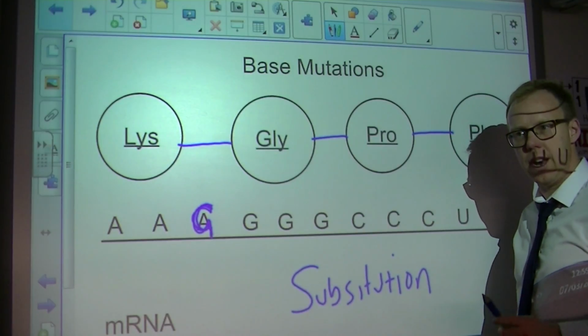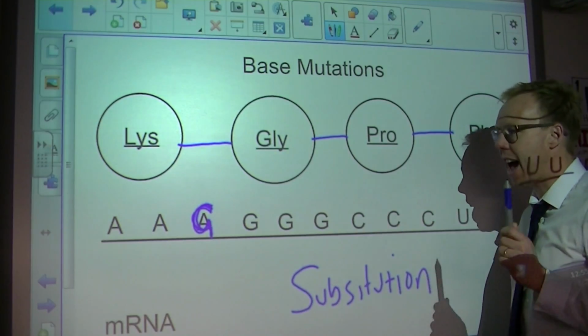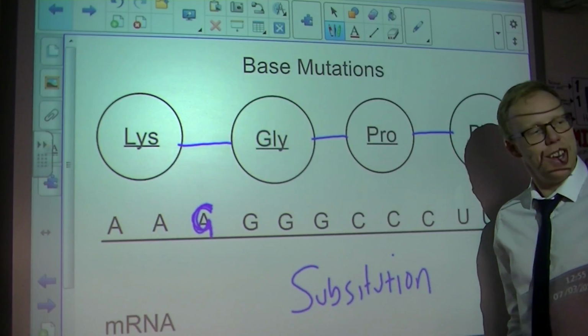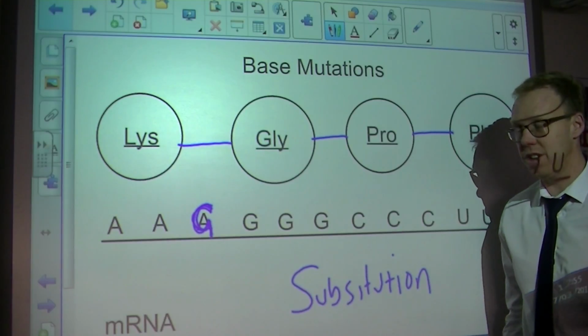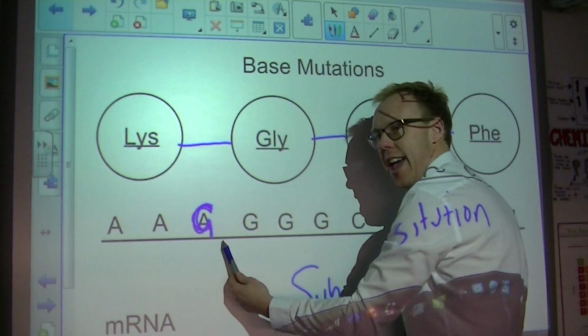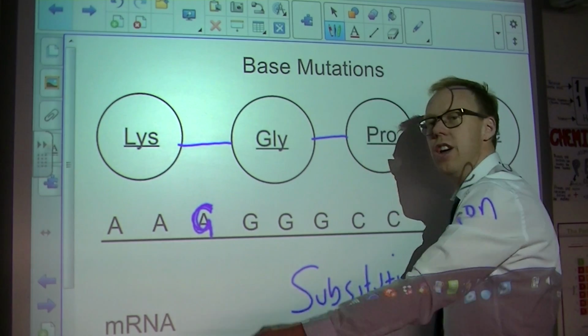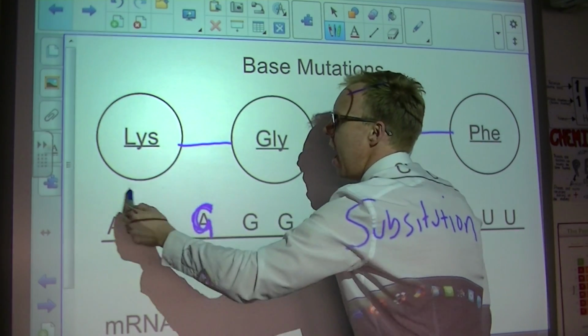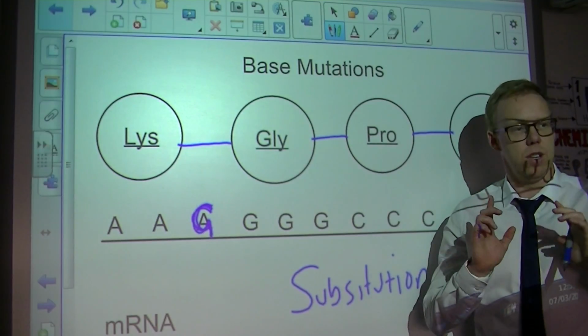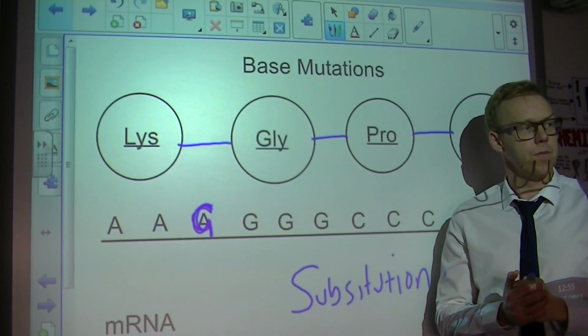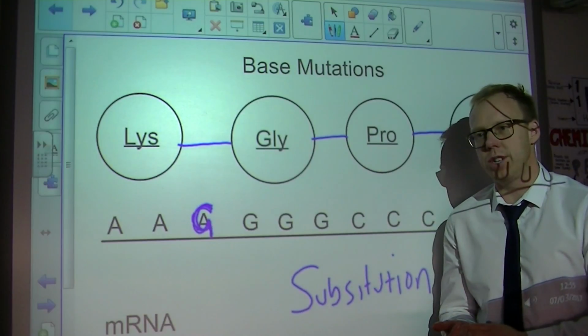If you're looking and reading correctly, you'll realise that actually, due to the degenerate nature of the genetic code, AAA and AAG code for the same amino acid. Will that affect the structure of the protein? Will that lead to a non-functioning protein?